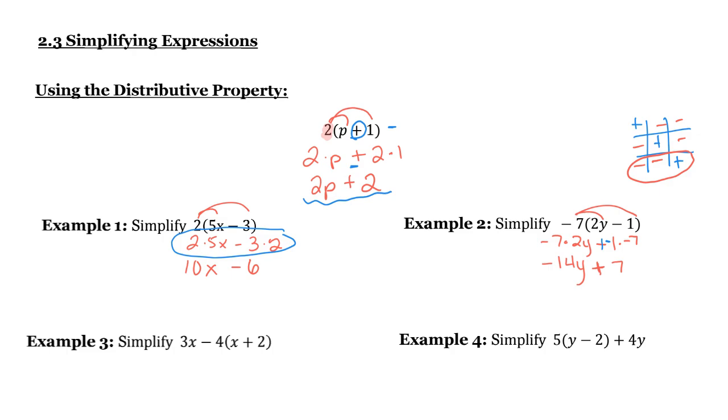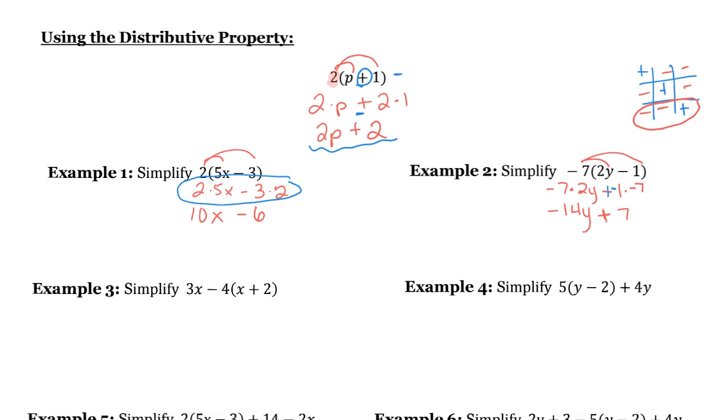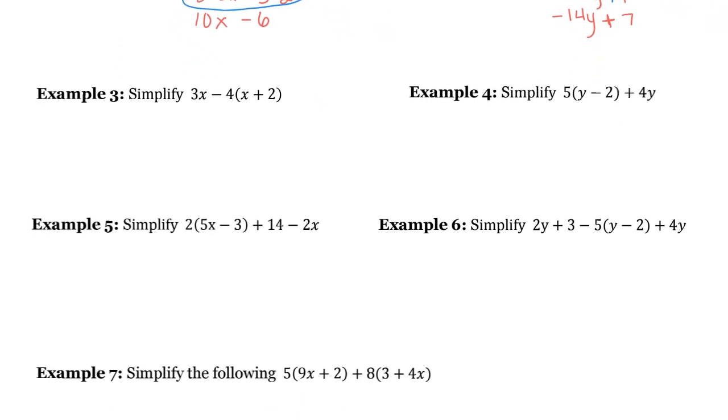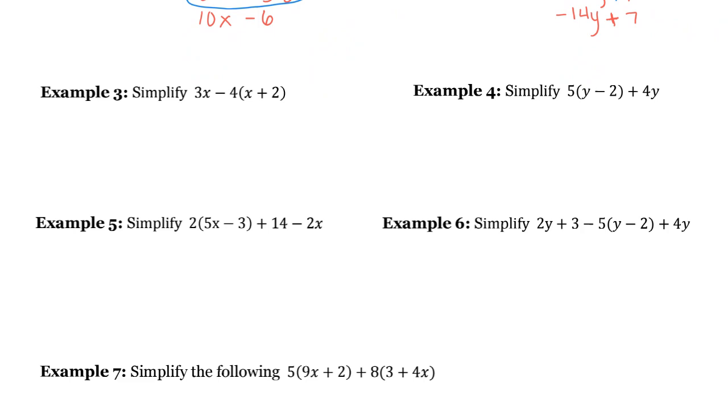All right, so let's look at this next example, example number 3. As you can see, they're getting harder as we go down. There's more things that you'll have to simplify. With example 3, we have a subtraction sign. So I would probably do plus and make this a negative 4.